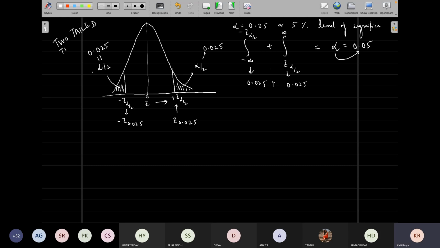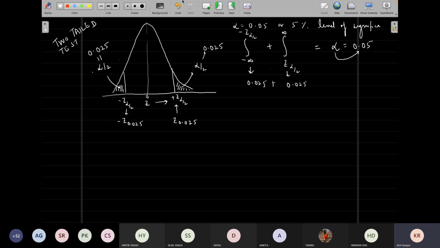It is just for the understanding at this point that when we are doing a test like this, in order to make the total area 0.05, since the distribution is symmetric, we are trying to figure out minus z 0.025 or alpha by 2. So this is the reason why we are keeping this z alpha by 2, because in this test, the total area under the curve of the shaded region will be half of the area on both of the sides. So this is the reason why we have this.